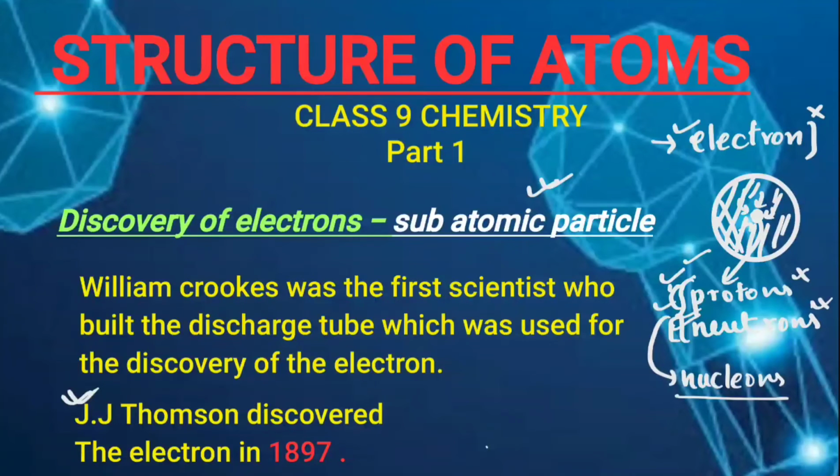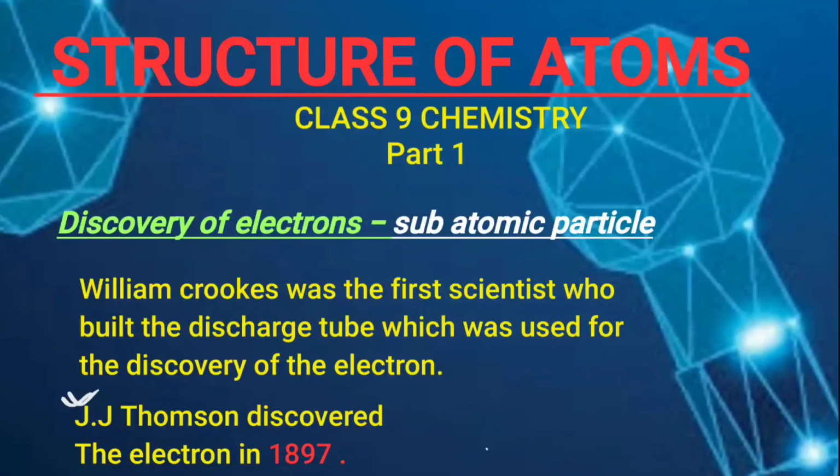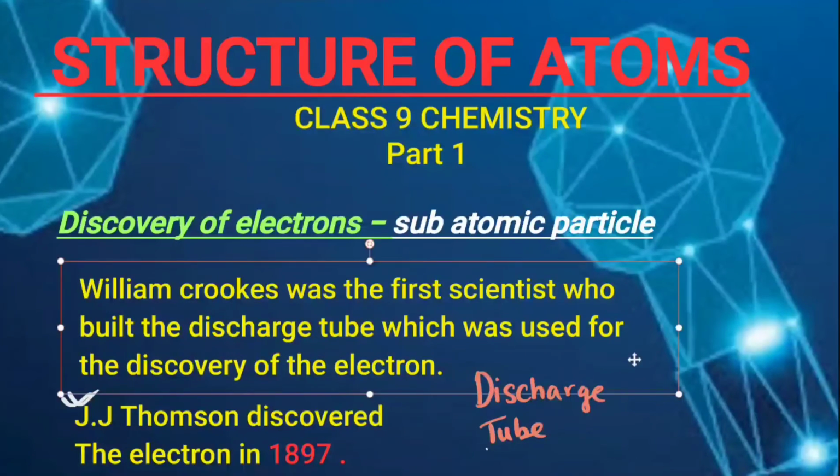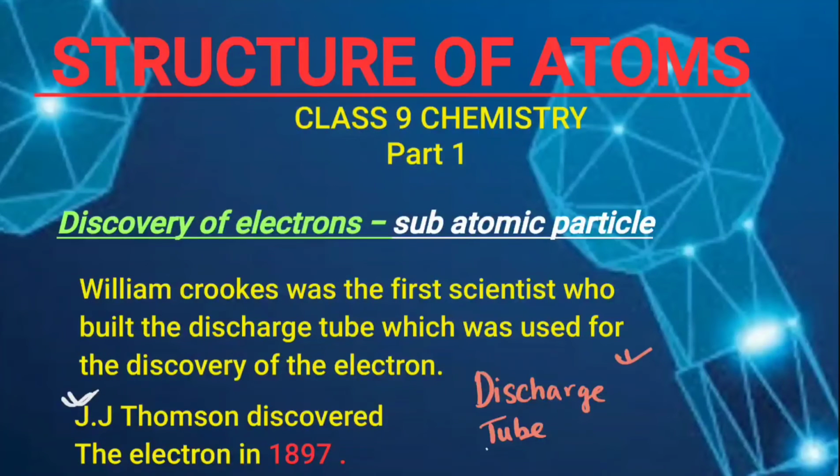Thomson discovered the electron in 1897 using an instrument known as the discharge tube. So he used the instrument of the discharge tube.